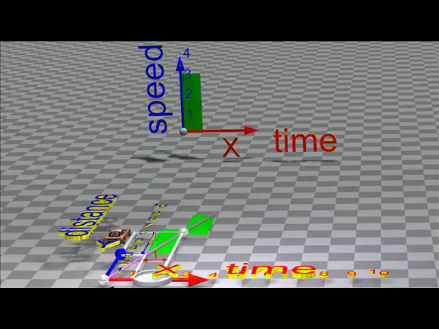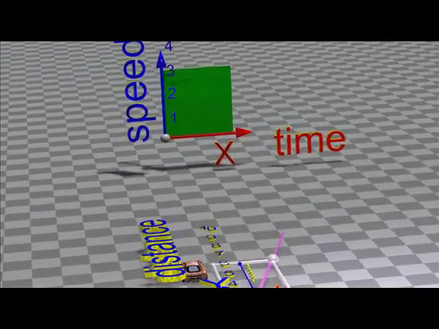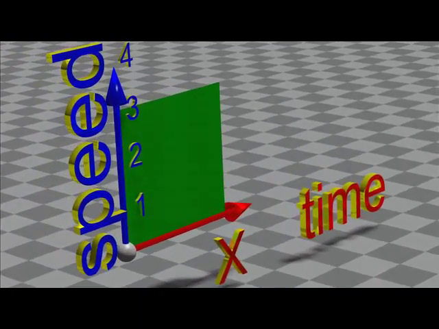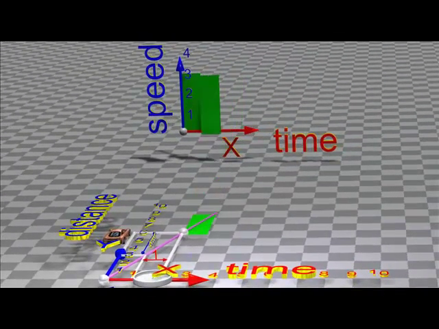Once again, you can plot the speed against time graph and you will again get constant speed against time, but in this case the speed is greater than the earlier case that we have seen. It is 3 units per second, or per unit time.